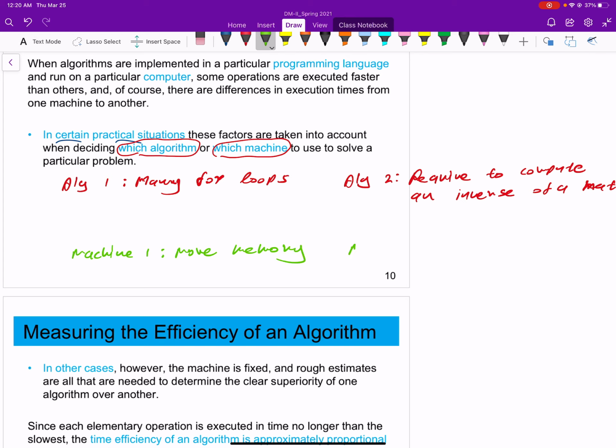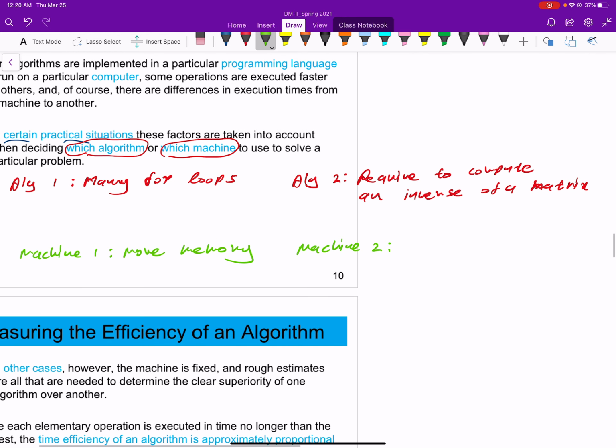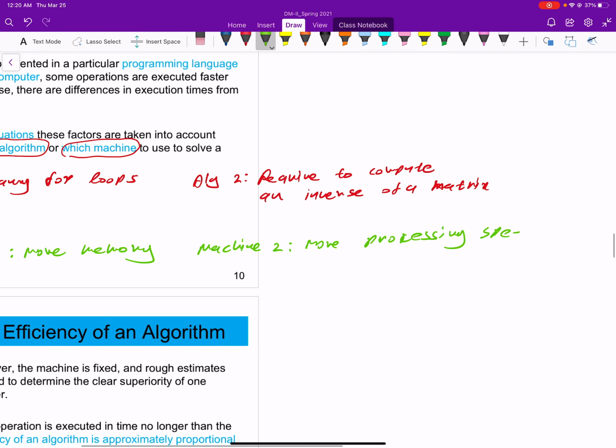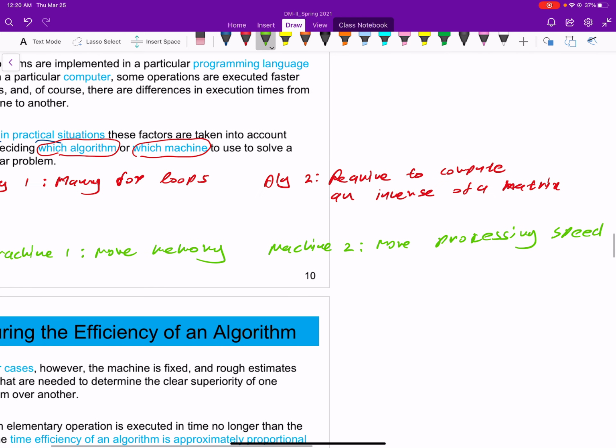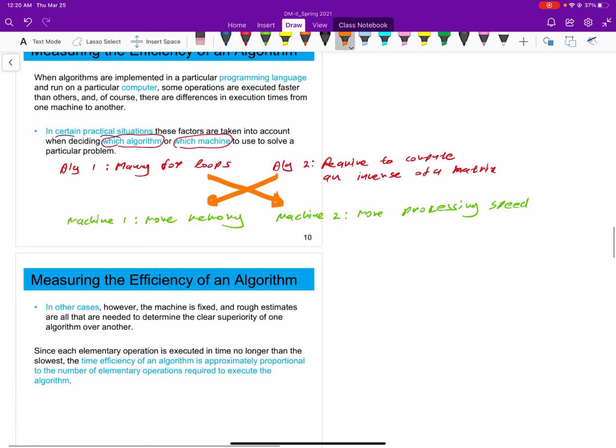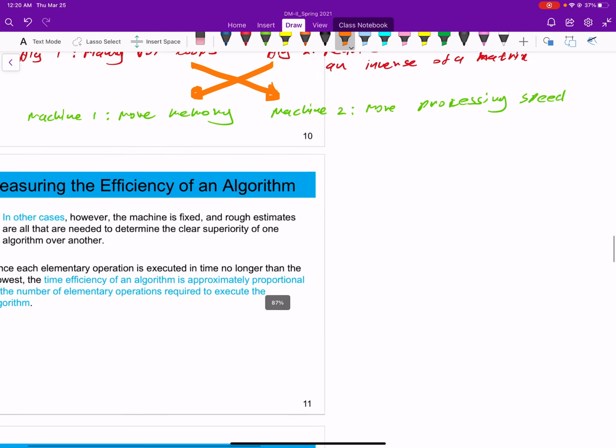And then you have machine 2, which has more processing speed. Then you have to choose which one is which. So you have to give that job to that machine and this job to this machine. So you can understand that and then go forward.